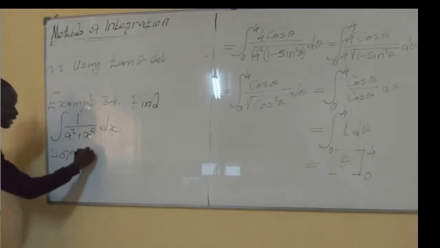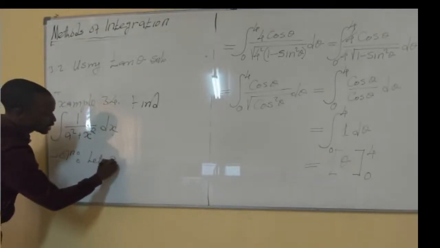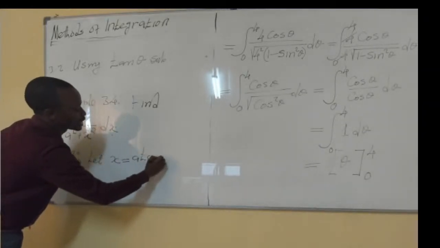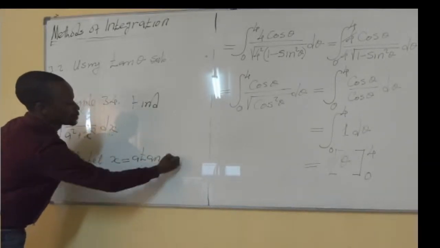Now, in this case, where there is x, you substitute with a times the tangent of theta.